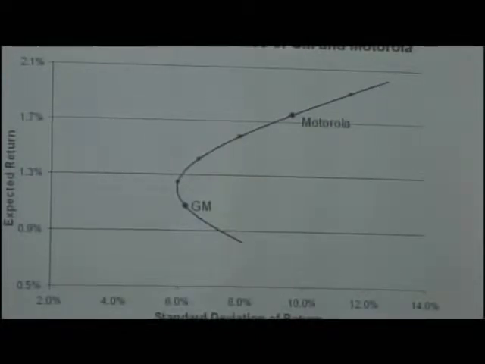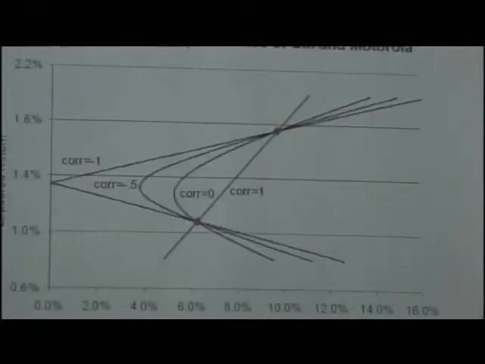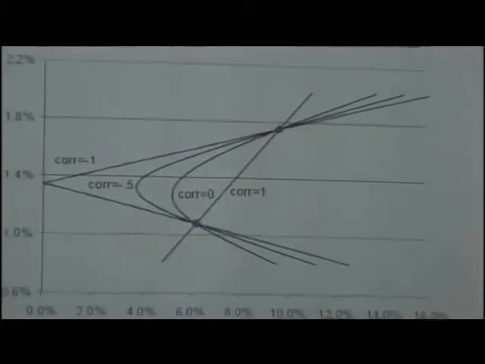Well, in the case where you've got zero correlation, this is a case where the correlation is 0.37, 37%, right? That's what the data tells us. But if you assume that the correlation was 0, you would get even more of a savings of volatility for a given level of expected return. Okay, so it would look like this. You see how this bullet sticks out a lot more than the previous red dot that was somewhere over here? Okay?